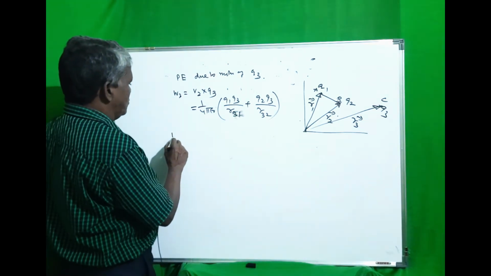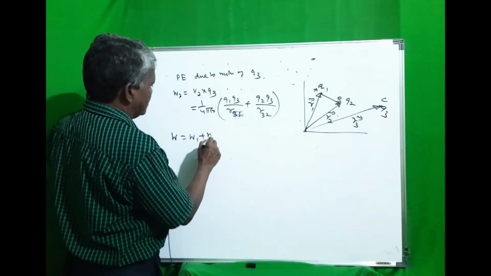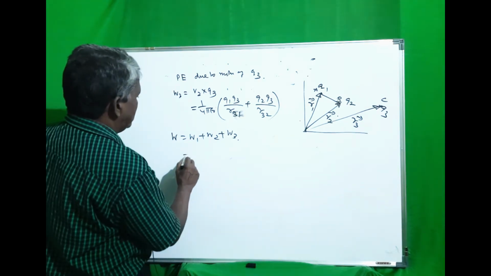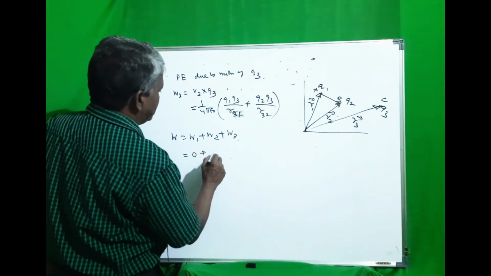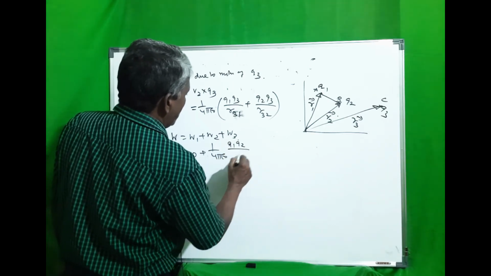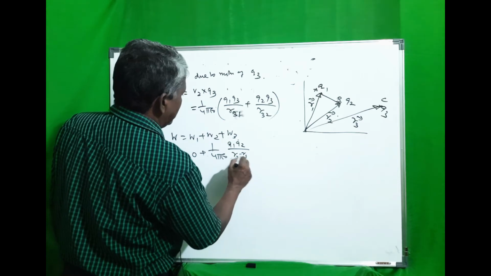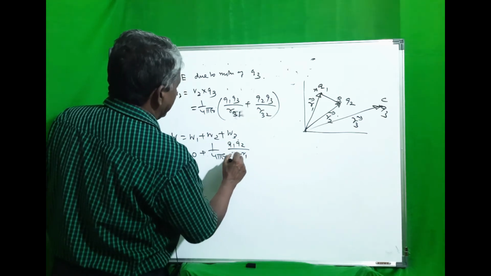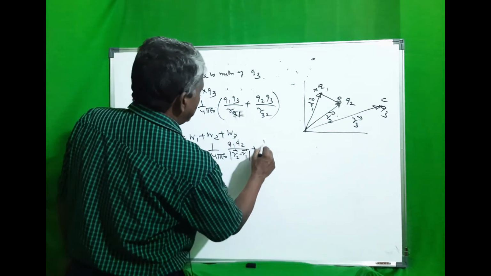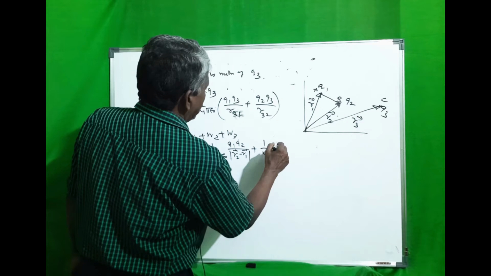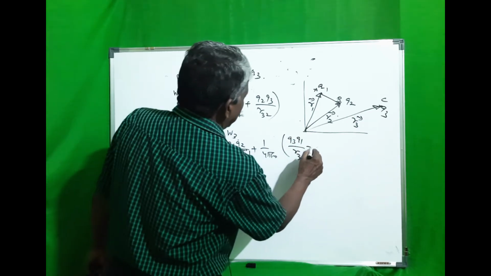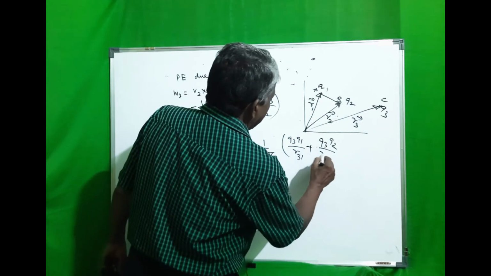Hence the total energy W is W1 plus W2 plus W3, which is 0 plus 1 by 4 pi epsilon 0 Q1 Q2 by R21, plus 1 by 4 pi epsilon 0 times Q3 Q1 by R31 plus Q3 Q2 by R32.